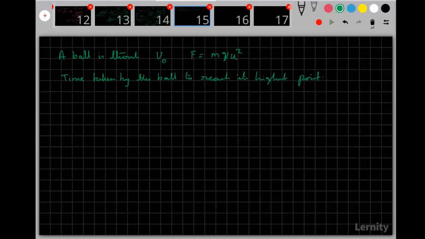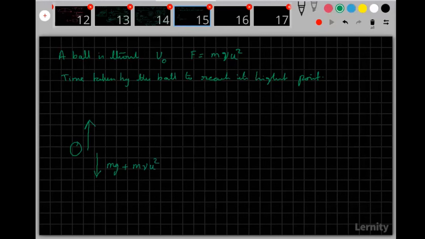So let's try to find out. Now the ball is here, and the ball is going up. When the ball is going up, there's a downward force mg. Apart from the downward force mg, there is a downward force m gamma u square.